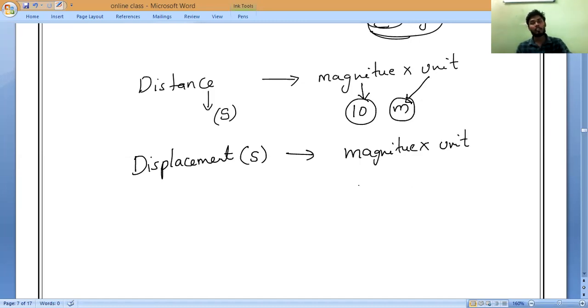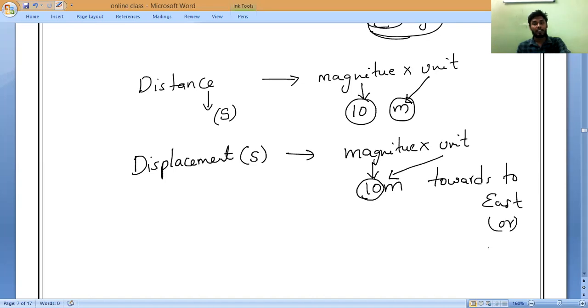So I can say it is also 10 meters. 10 is called the magnitude and m, meters, is called the unit. But it is 10 meters towards the east, or towards the west, or towards the north, or towards the south. I am mentioning a particular direction also. Have you noticed it, Harish?